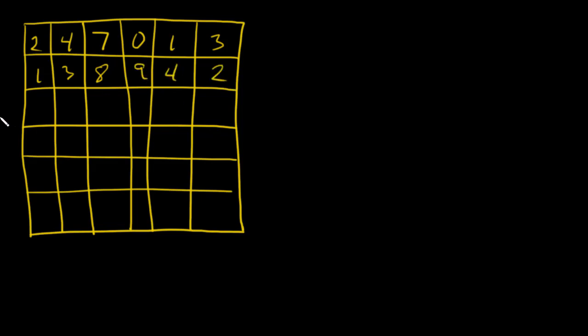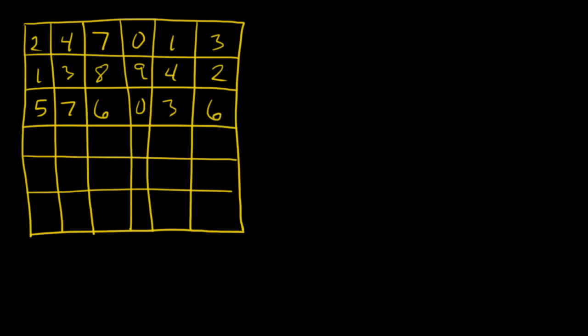Okay. I know I'm going to mess up somewhere. That's okay. So let me fill this in with some values. We have 2, 4, 7, 0, 1, 3, 1, 3, 8, 9, 4, 2, 5, 7, 6, 0, 3, 6.